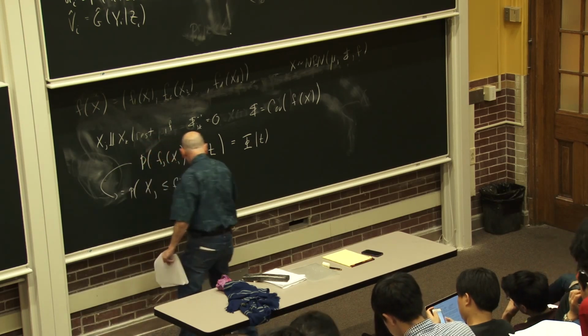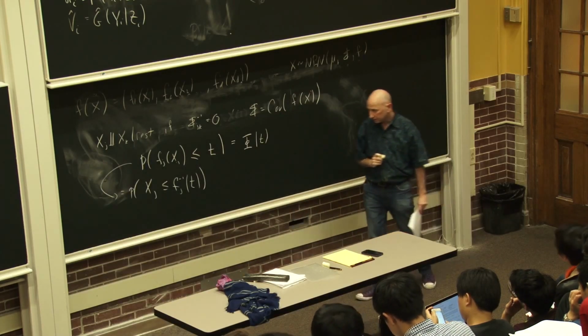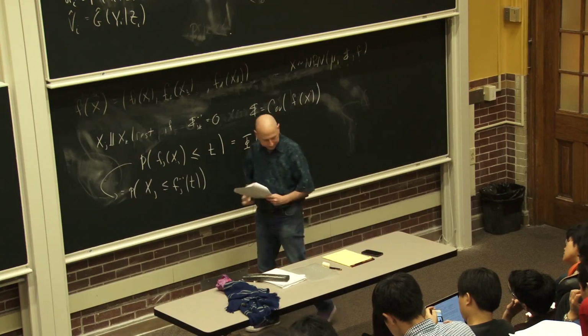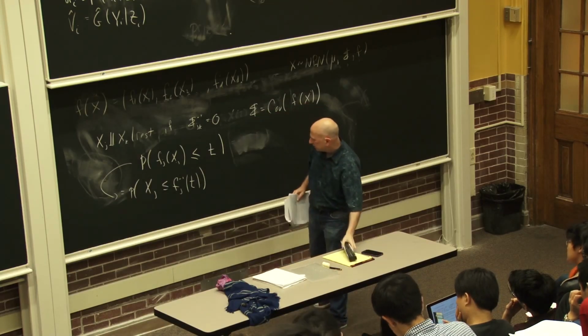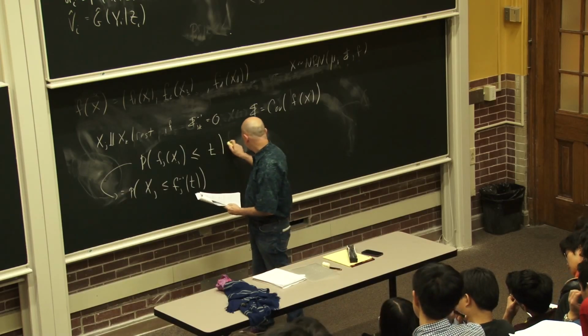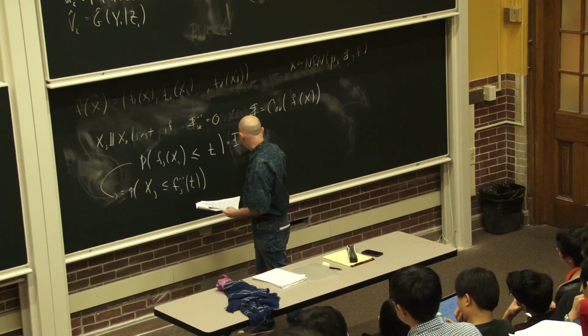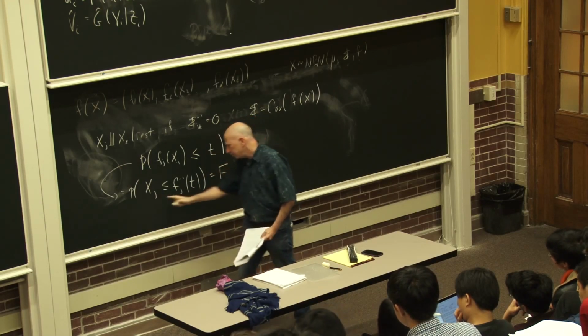Here I'm going to use the fact that I'm assuming monotonicity right now. Okay, so this is now the marginal distribution for xj.